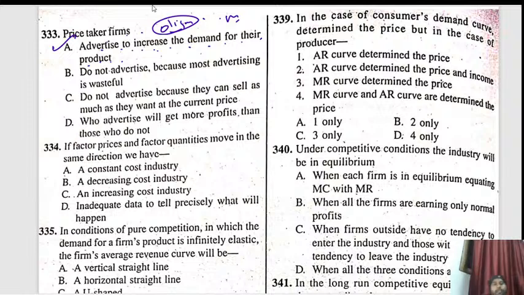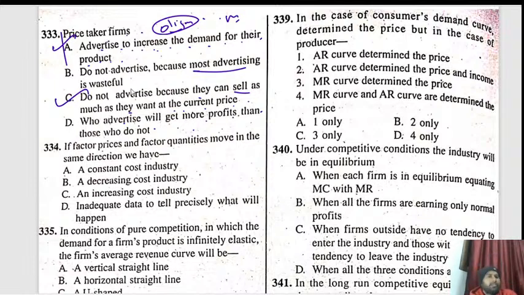But in the case of perfect competition, advertisement doesn't take place. So do not advertise, because most advertising is wasteful. Do not advertise because they can sell as much as they want at their current price. Option C would be correct.